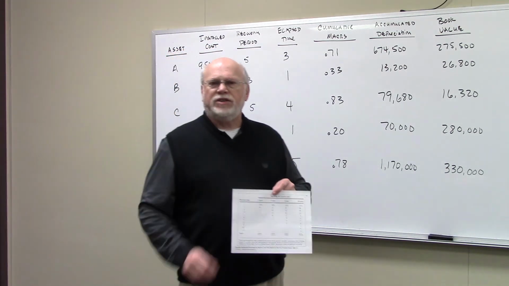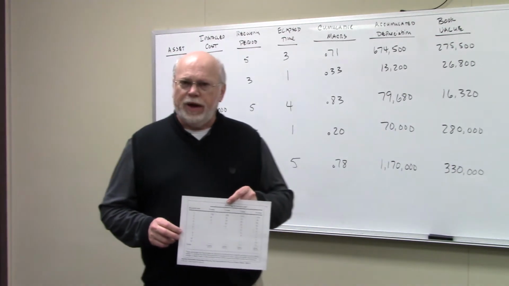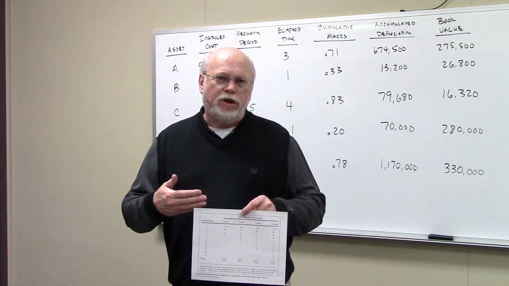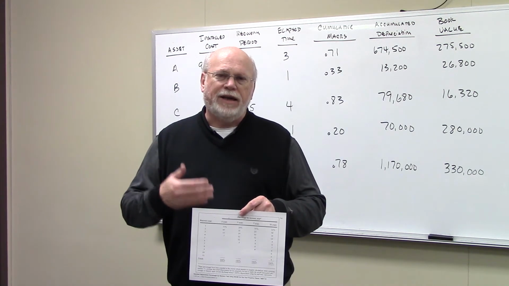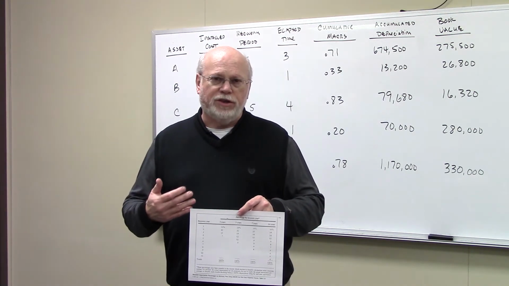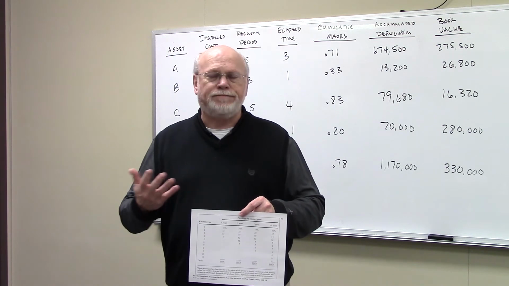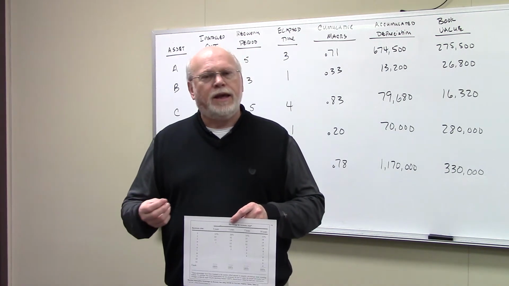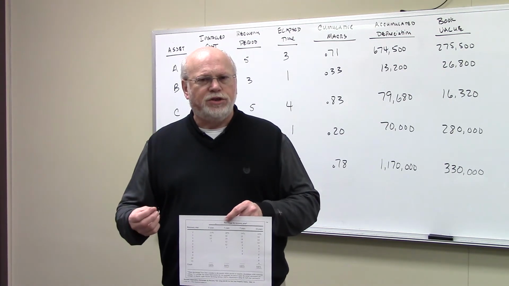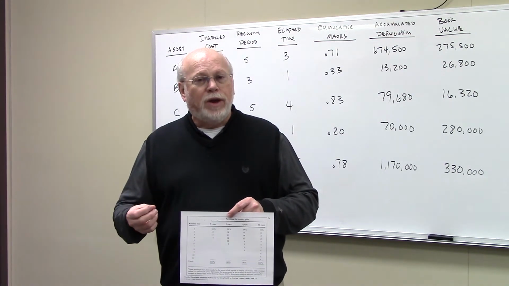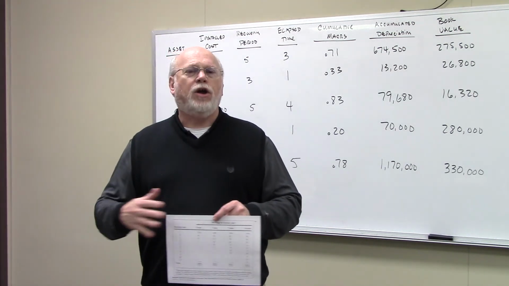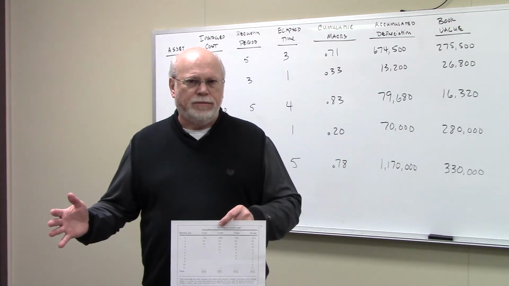One of the things that students often ask about is, why is there an extra year? In other words, the 3-year life class, you really get 4 years of depreciation. The 5-year, you really get 6 years. That has to do with something called the half-year convention. The IRS uses this so that you and I can't buy an asset in the current year and get all of the depreciation for the year.